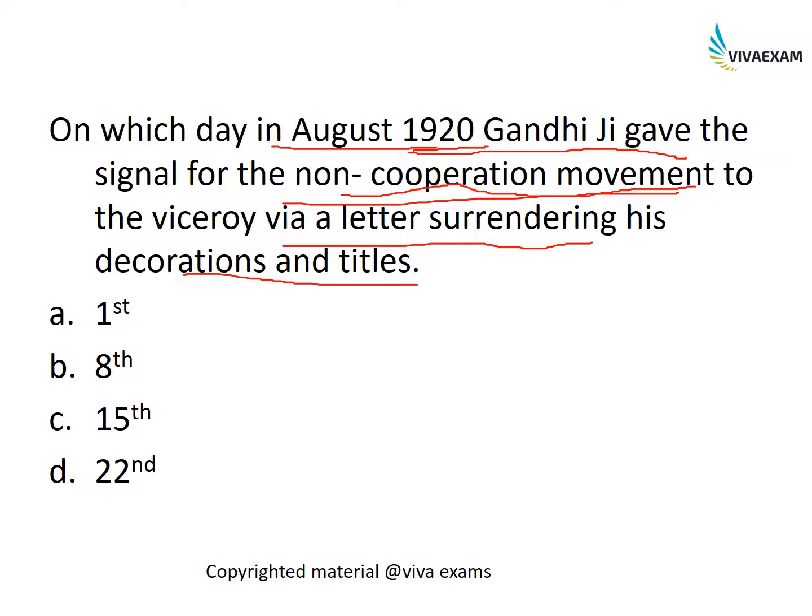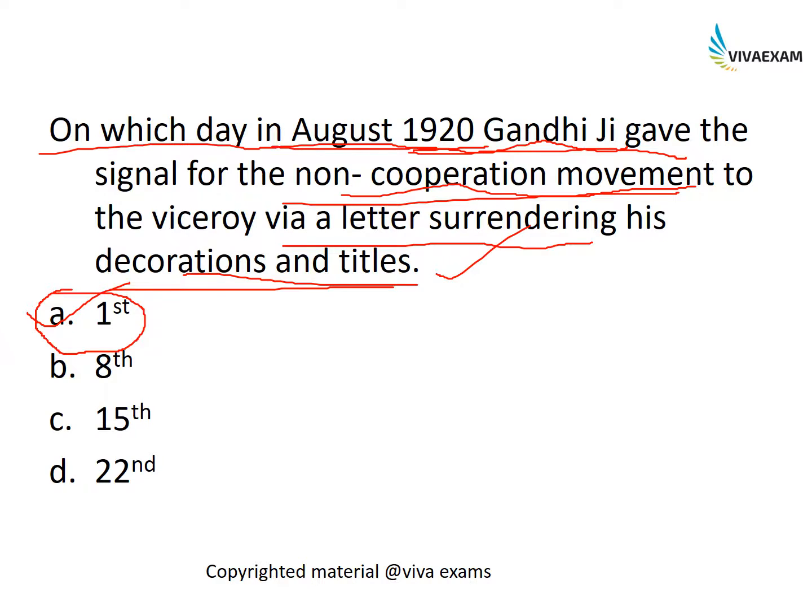So he did not surrender it like Rabindranath Tagore did at the time of Jallianwala Bagh. He did it at a later stage. So we are being asked on which day in August 1920 Gandhiji gave the signal as well as surrendered his decorations and titles. So it was the 1st of August when he did all this. Basically, he wrote a letter to the Viceroy at that time and surrendered his titles.